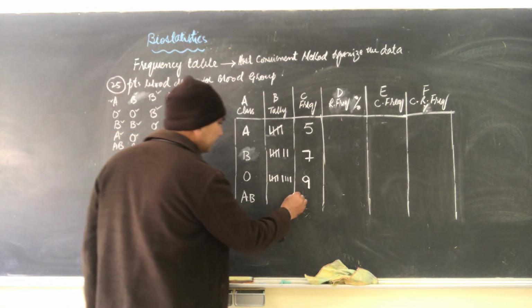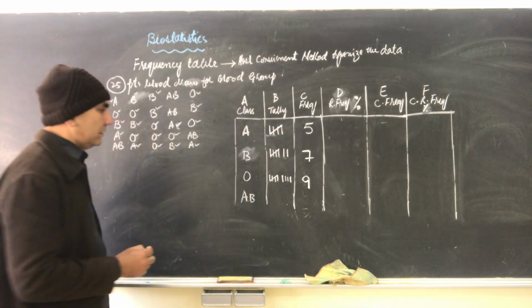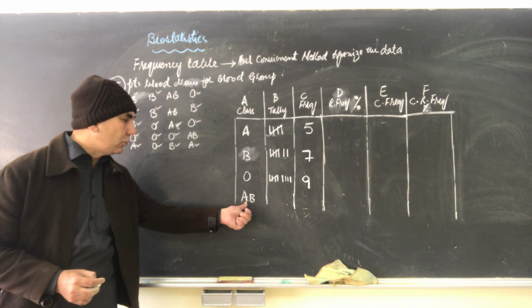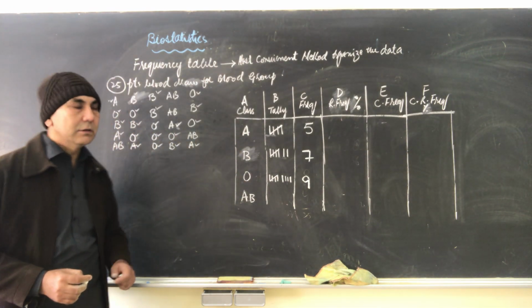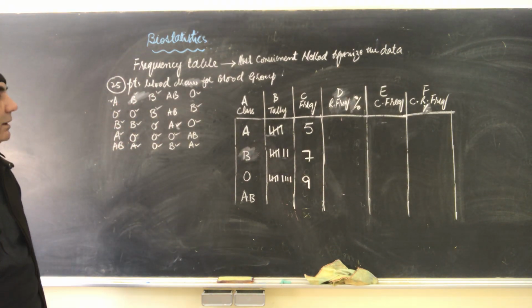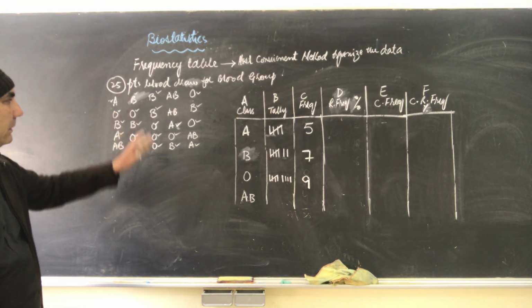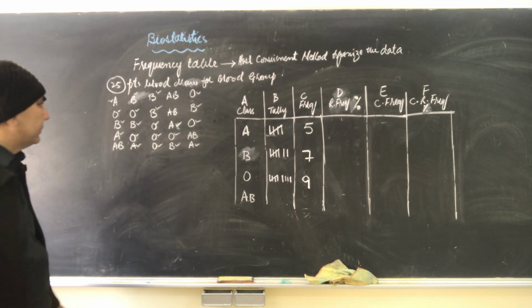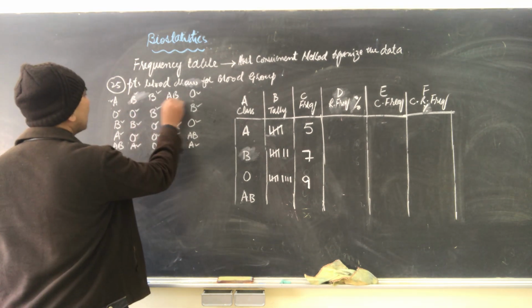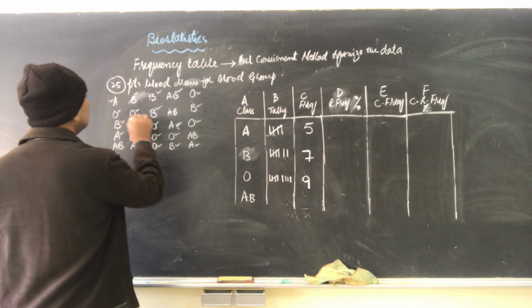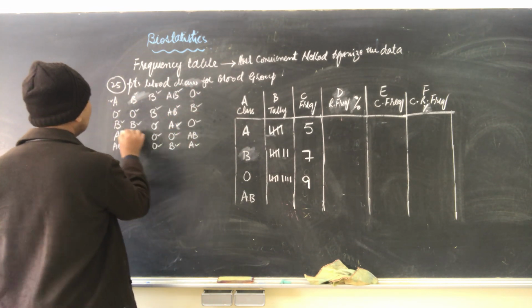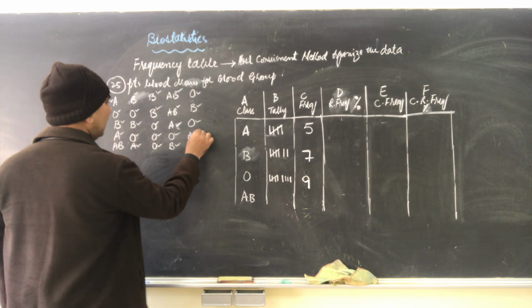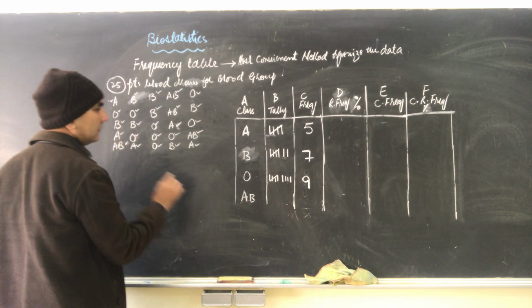Okay. Now in the last, the 4th blood group is AB. Now we will count how many with blood group AB are present among the 25 patients. We will go along the row: 1 and 2 and 3 and 4.